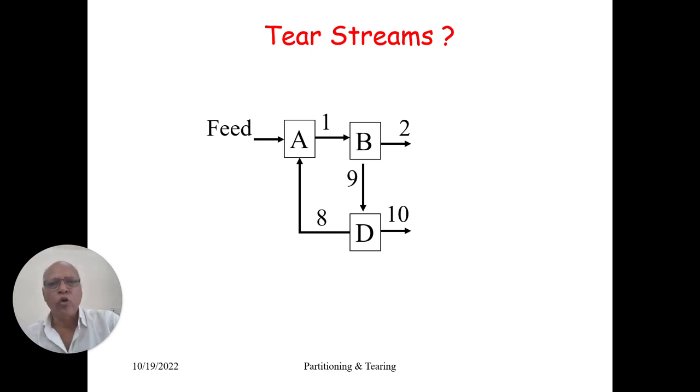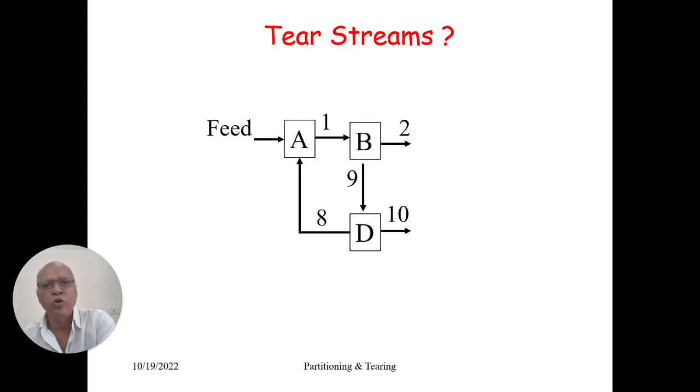Now, how do we go about this? For example, if I want to start with solving unit A, then as per the sequential modular approach, all the feed streams, input streams should be defined along with equipment parameters and operating conditions. So, given this information, we are required to calculate the output streams, which are 2 and 10.